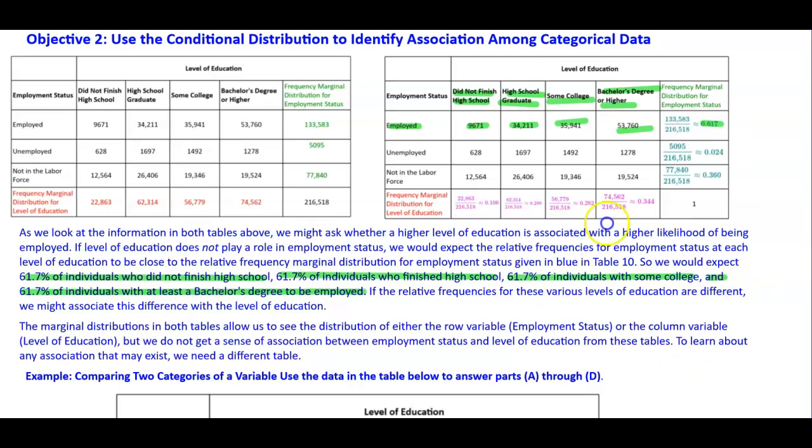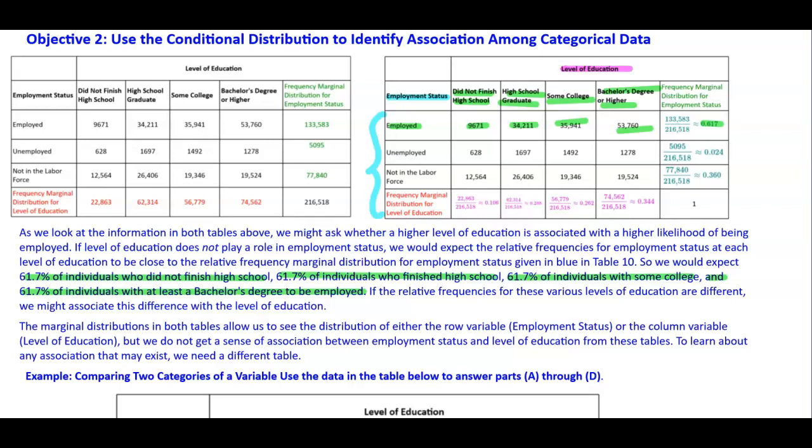Now, if relative frequencies for these various levels of education are different, we might associate this difference with the level of education. The marginal distributions in both tables allow us to see the distribution of either the row variable, which is the employment status, or the column variable, which is the level of education.